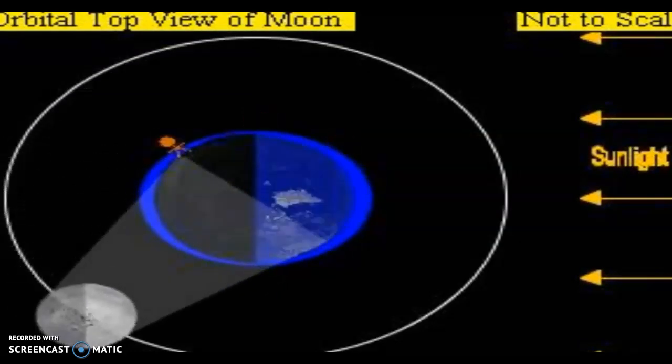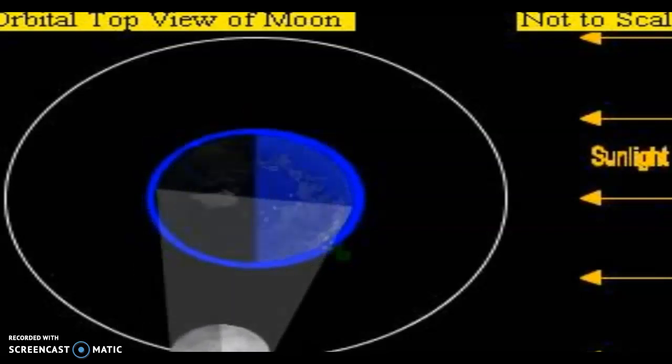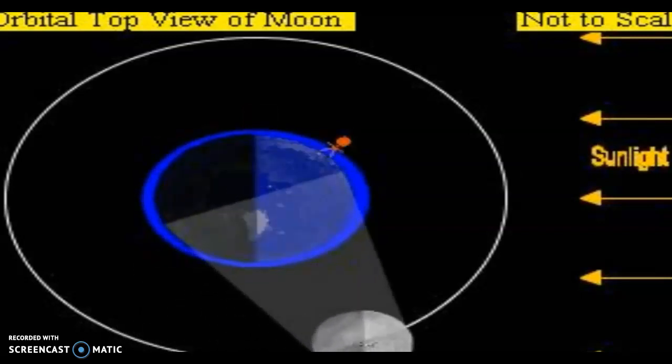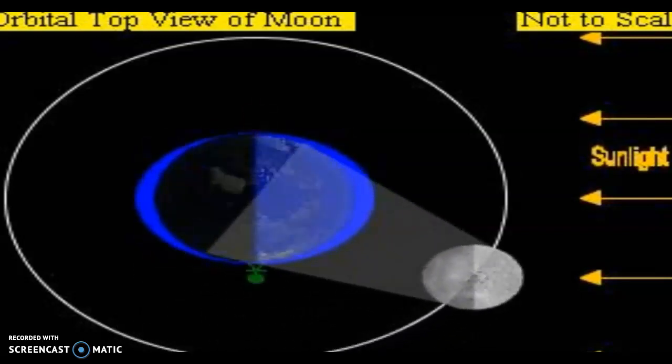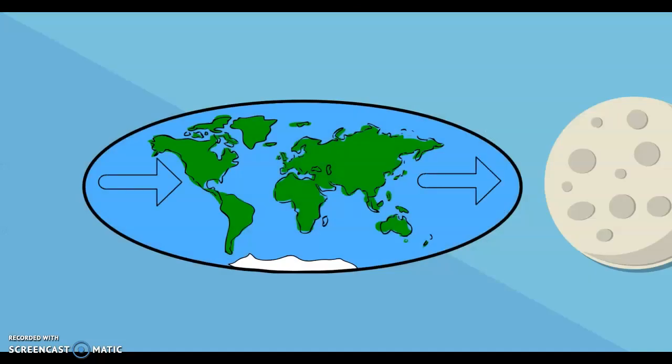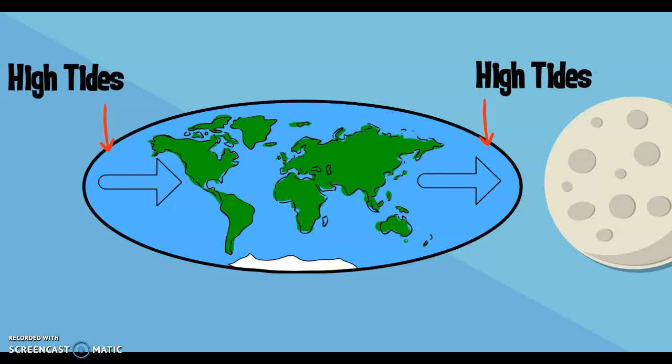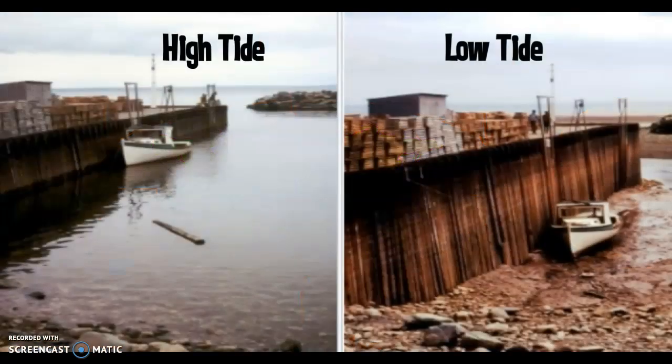The solid Earth deforms a bit, but the ocean water, being fluid, is free to move much more in response to the tidal force. Where the bulge is bigger, it's high tide. Where the water doesn't bulge, it's low tide. In this picture, you can see the difference between high and low tide.